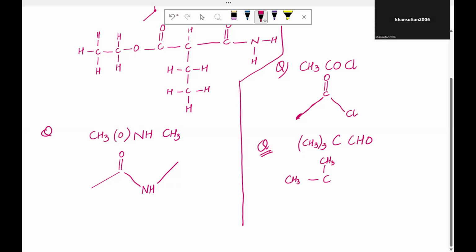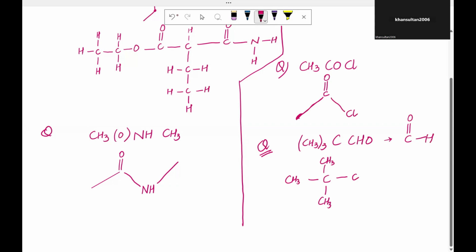Like this, and then we have a carbon. This CHO basically represents an aldehyde group like this.